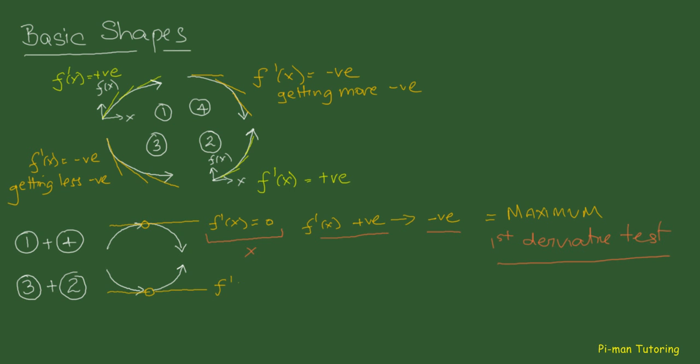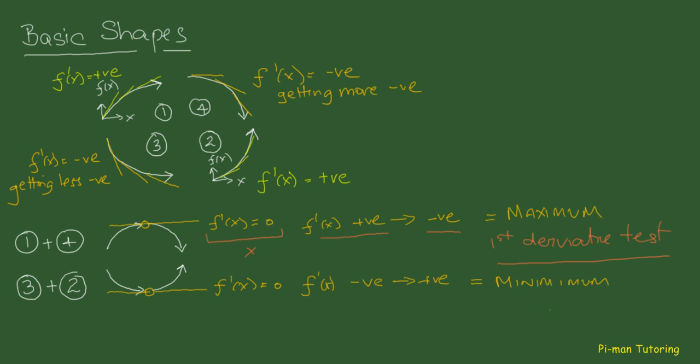So again, f dashed of x here will be 0, and in order to find out whether that is a maximum or a minimum point, we evaluate f dashed of x on either side of that particular point, and if we find that it is negative to the left and positive to the right, then that means we must have a minimum at that point.